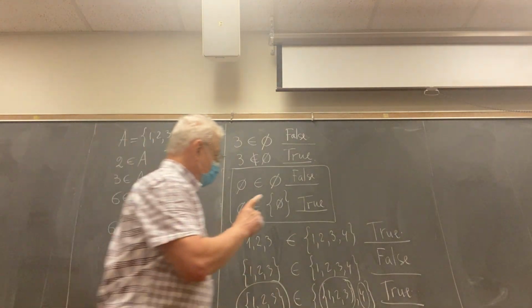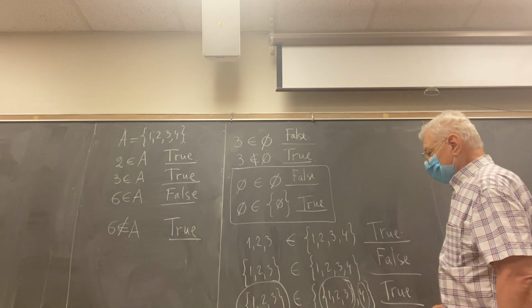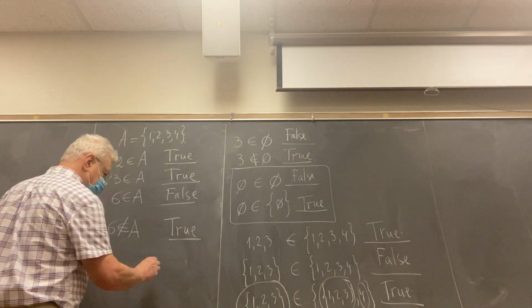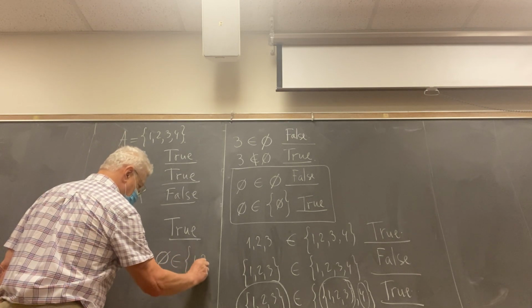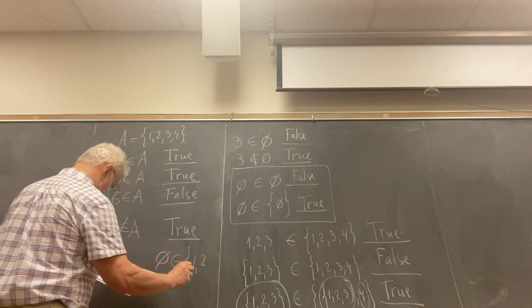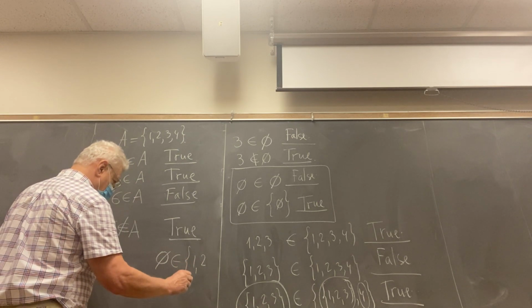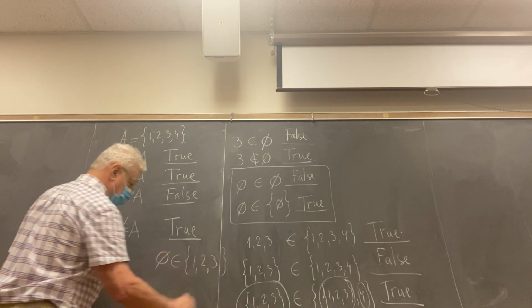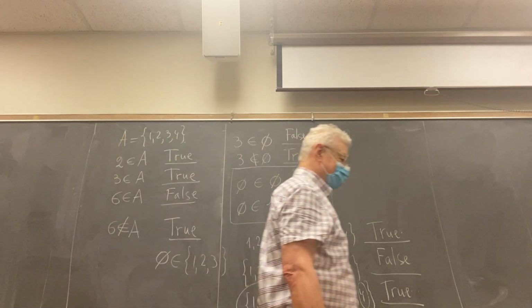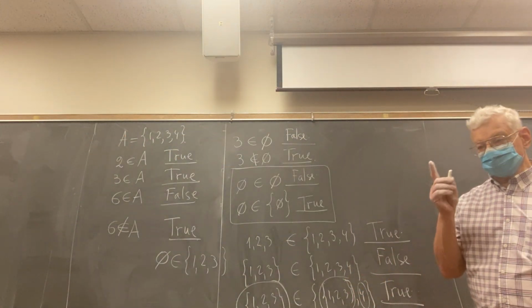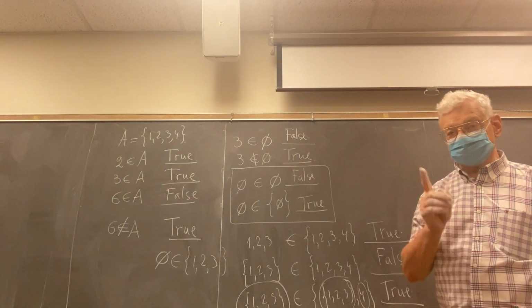Now, a much trickier question: how about the empty set belongs to... maybe this one. Does it belong to the set {1, 2, 3}? It's a tricky question, but not as tricky as later on, when we'll consider subsets and it will be more difficult.